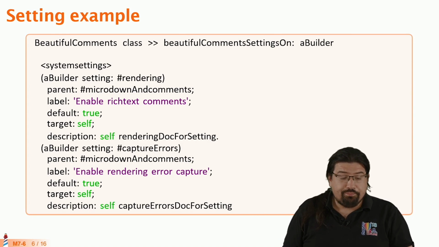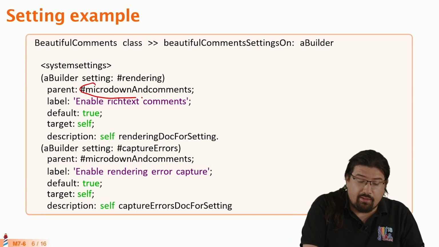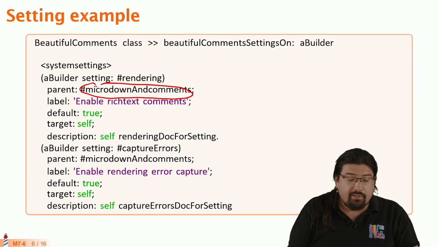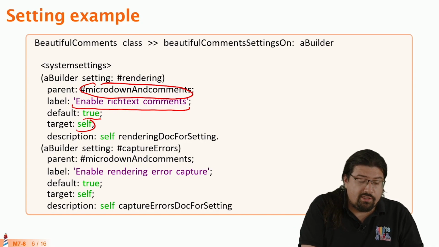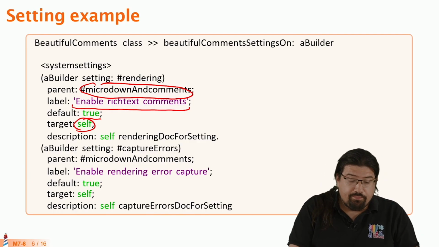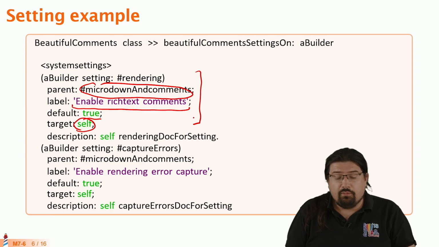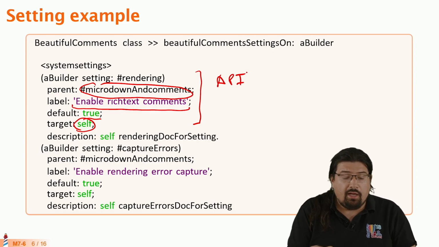In this case, we are going to set the instance variable microdown and comment, and we are going to establish a label, a default value, and the object that holds that instance variable.